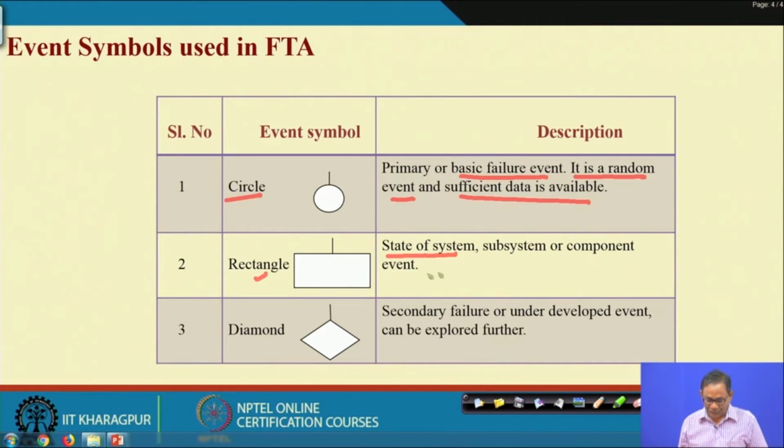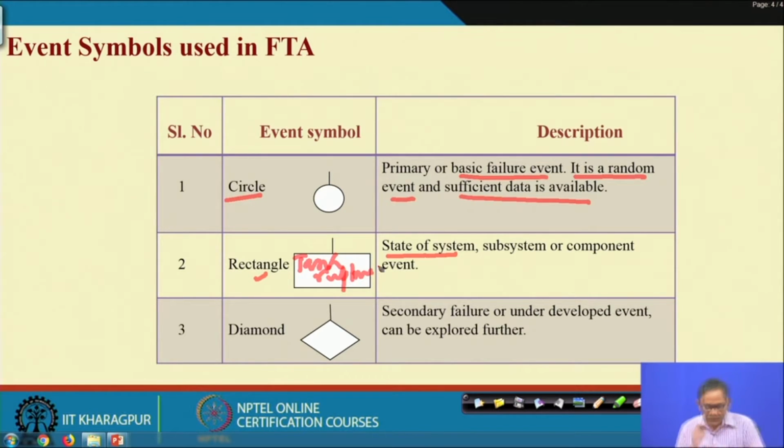All such states, whether the tank is in normal or failure condition, whether the pumping system is in failure or normal working condition, whether the components have failed or not, will be represented by a rectangle. So, if I say the top event tank rupture has occurred, it means the system level failure has occurred. This is the state of the system, so you will write tank rupture within the rectangle.